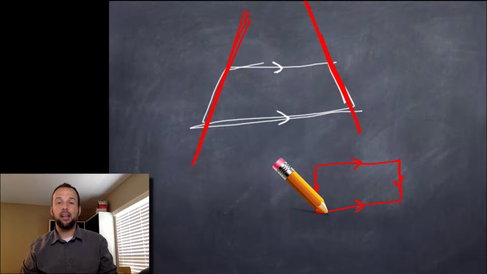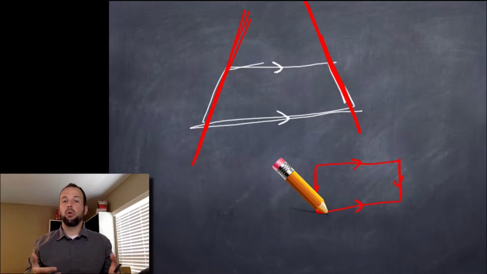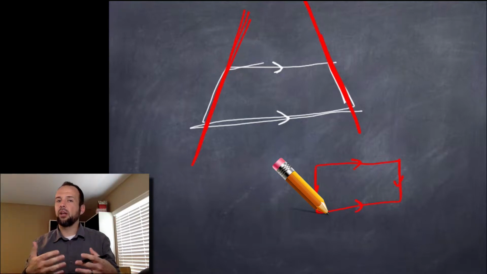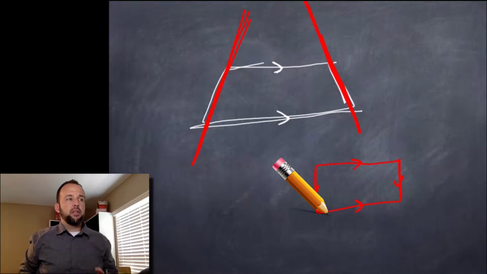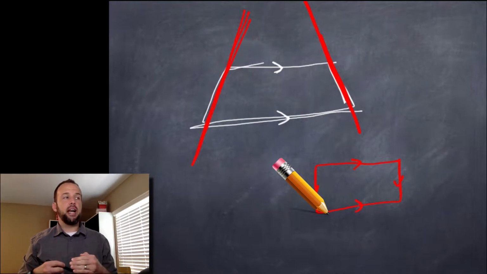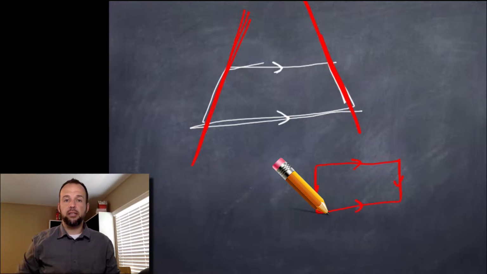So technically, this is also a trapezoid, all right? But we know it more often as a rectangle because it fits into that even more specific category of a rectangle, which has 2 pairs of parallel sides. So this can get a little confusing because of the multiple definitions for terms, but again, for our purposes here, a trapezoid is going to have at least one pair of parallel sides, okay?